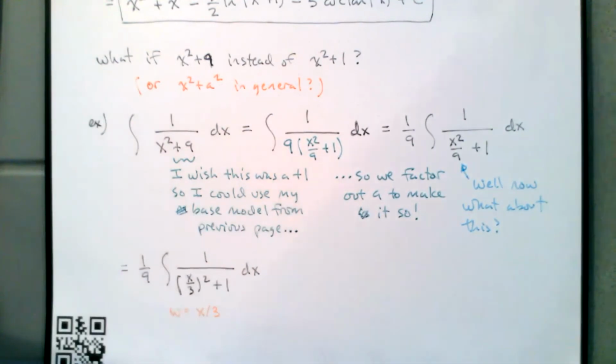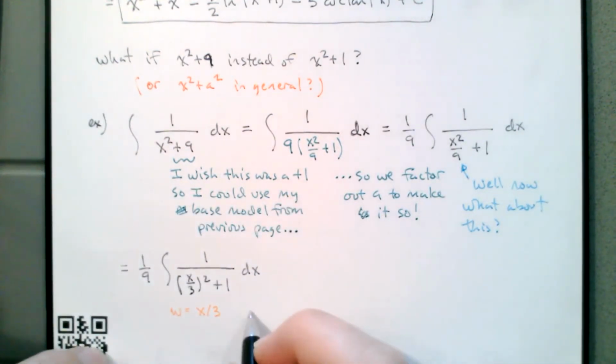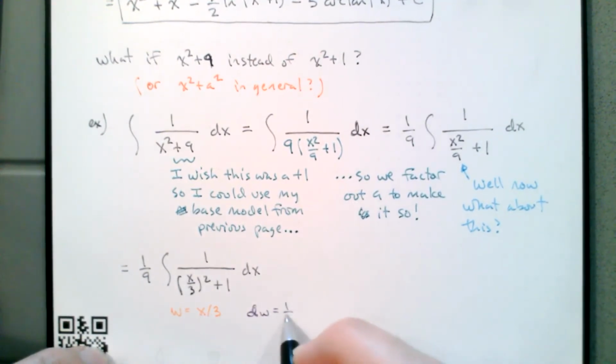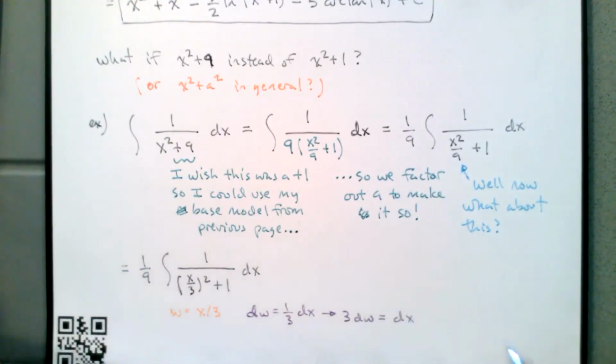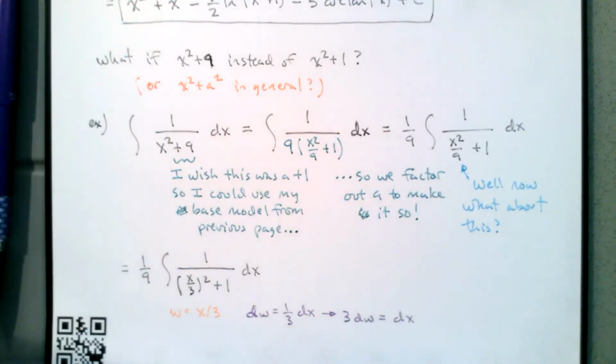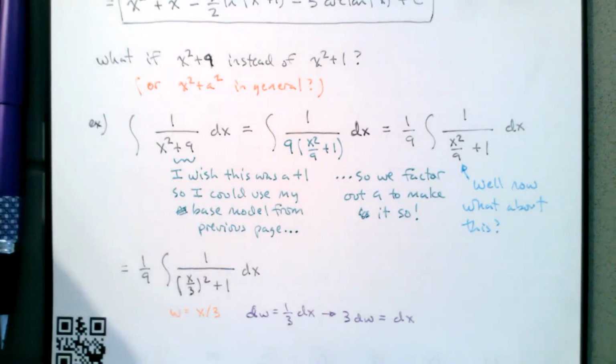So w is going to be x over 3. dw will be a 1/3 dx. And so 3 dw is the dx. I'm just going to replace the dx with a 3 dw, and then I'll be able to integrate.